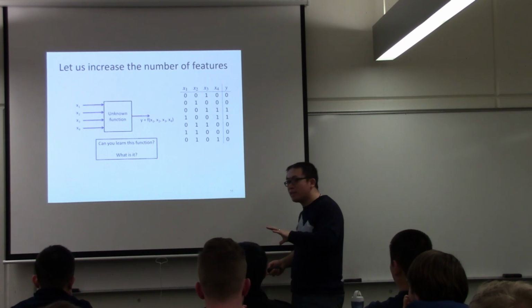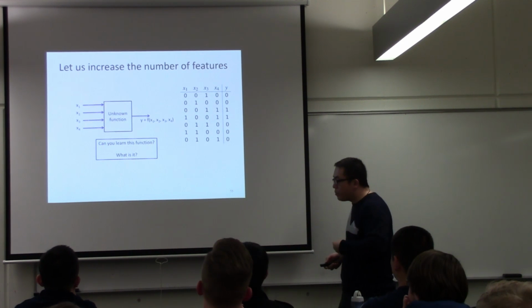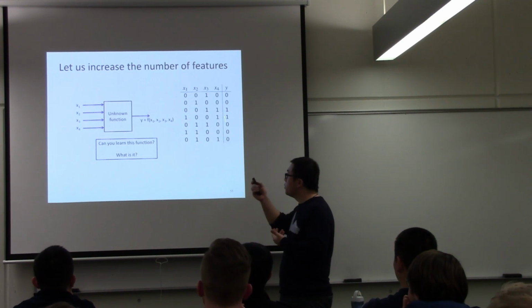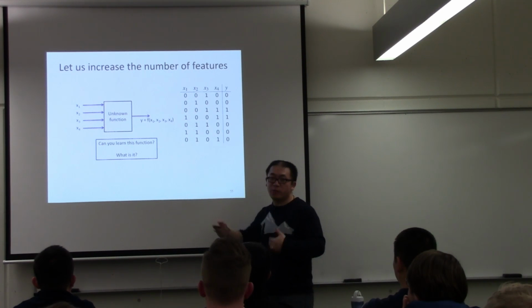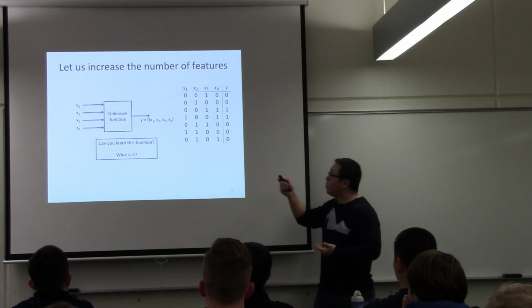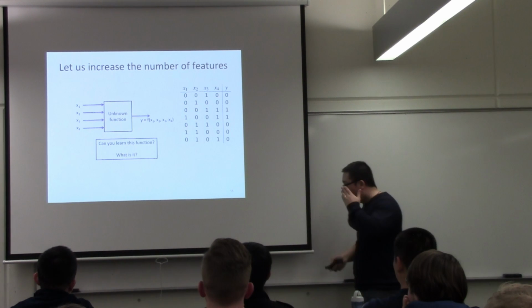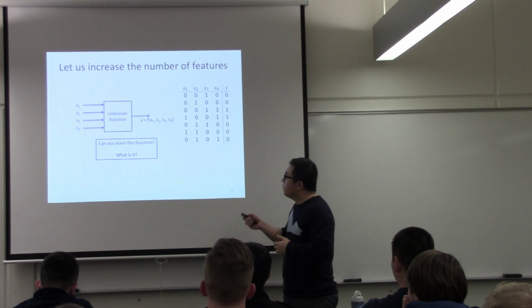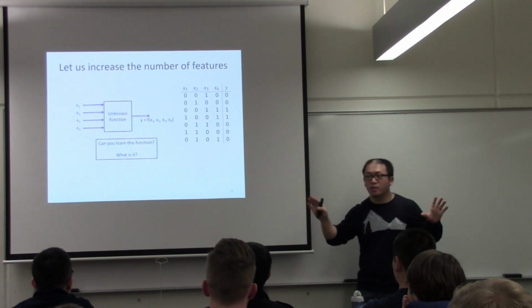We do not miss any possible functions. And also, we increase the number of training examples from 2 to 7. This sounds reasonable because we double the size of the input features and almost double the size of the training data. So now comes the question: can we learn a function by searching over the full hypothesis space?